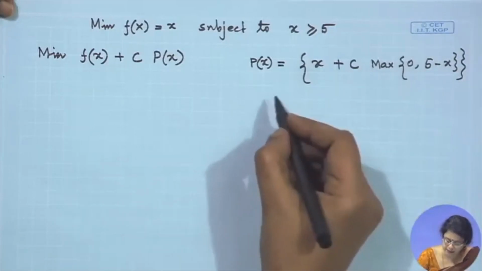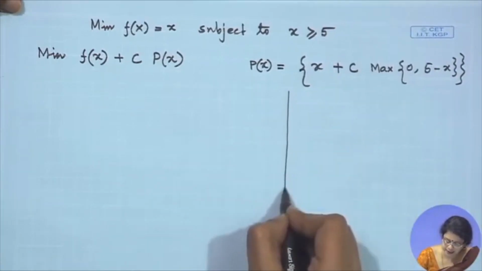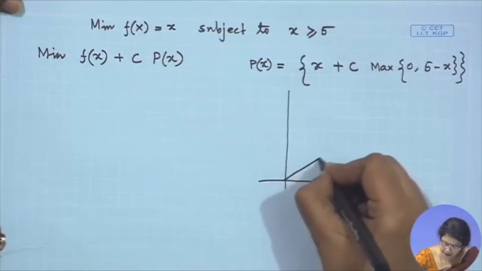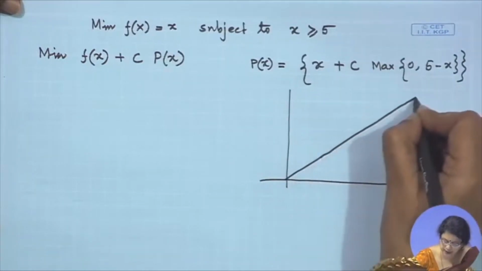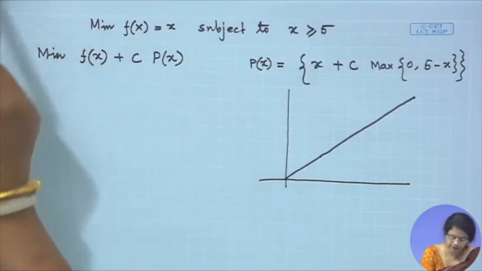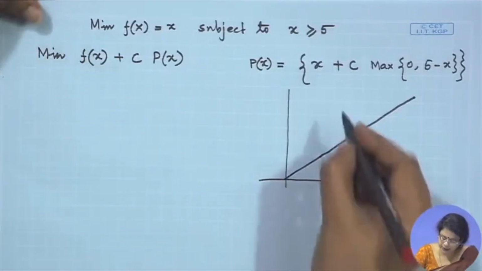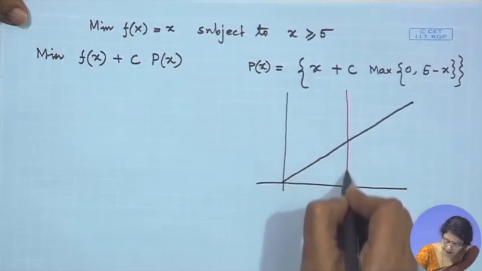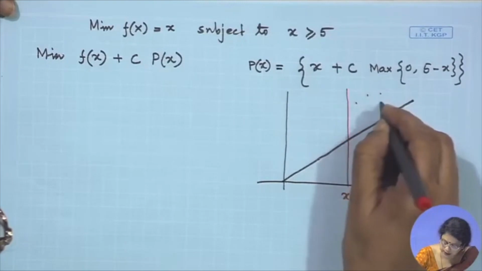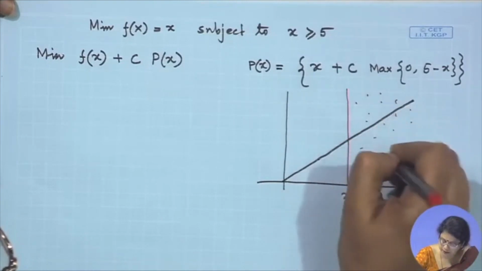What does it mean? It means that if this is the feasible space for me, then this is the objective function fx equal to x, and x greater than or equal to 5. That is why if we consider this equal to 5, then this is the feasible space.